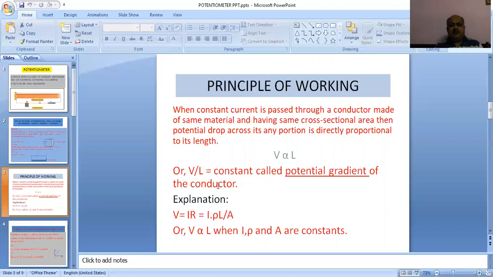And if you are asked to explain the principle of working, you will have to mention this part, and V equals IR, where R equals rho L by A, where rho is resistivity of the conductor, L is its length, and A is cross-sectional area. So when rho, I, and A are constants, then V is directly proportional to L. In this way, we can explain the principle of working.